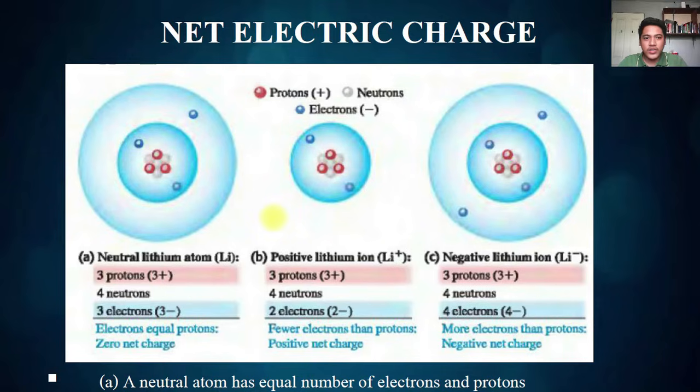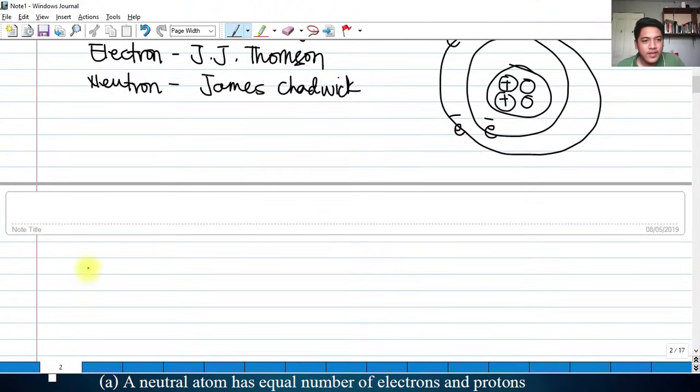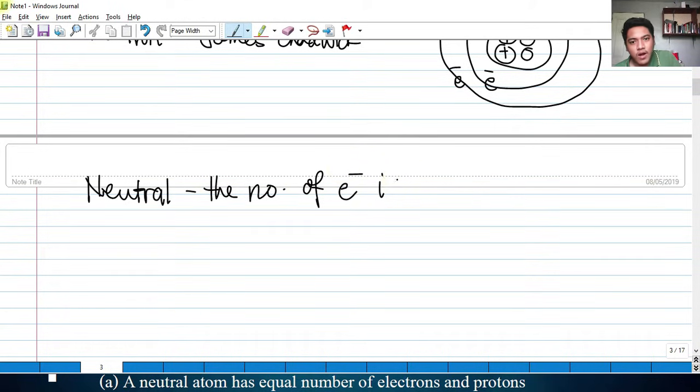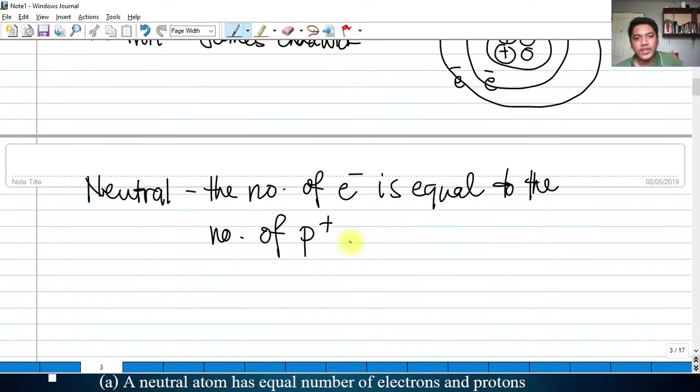So again, let me just write it. If we have a neutral object or a neutral element, the number of electrons is equal to the number of protons. So we say that an object is neutral if it has a number of electrons equal to the number of protons.